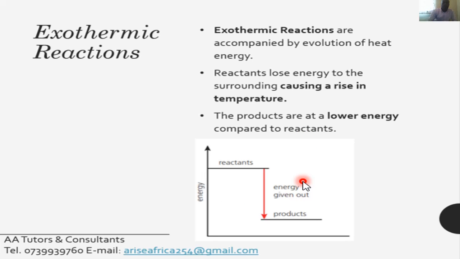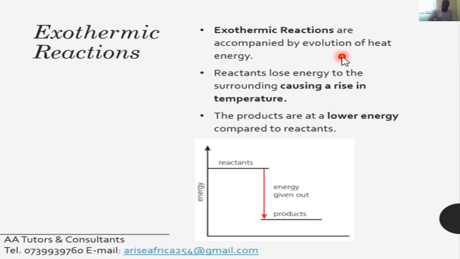The second category of physical or chemical reactions is known as exothermic reactions. Exothermic reactions are reactions that are accompanied by evolution of heat energy. That is, the reactants lose heat energy to the surrounding.